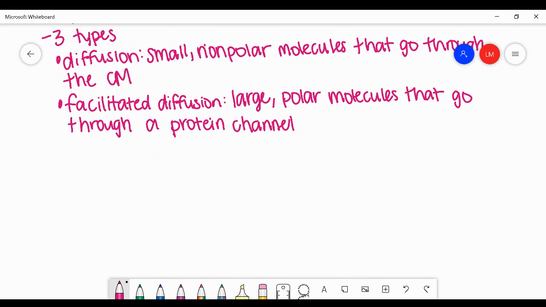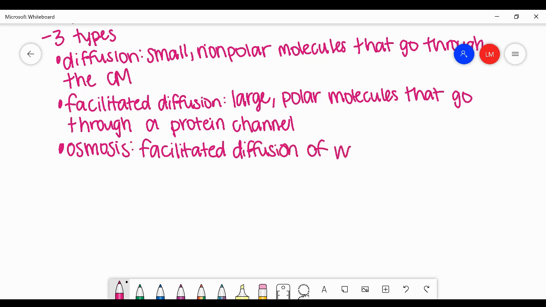The last type of passive transport is called osmosis. Osmosis is the facilitated diffusion of water. Only the movement of water, but water gets in and out of a cell through a protein channel.